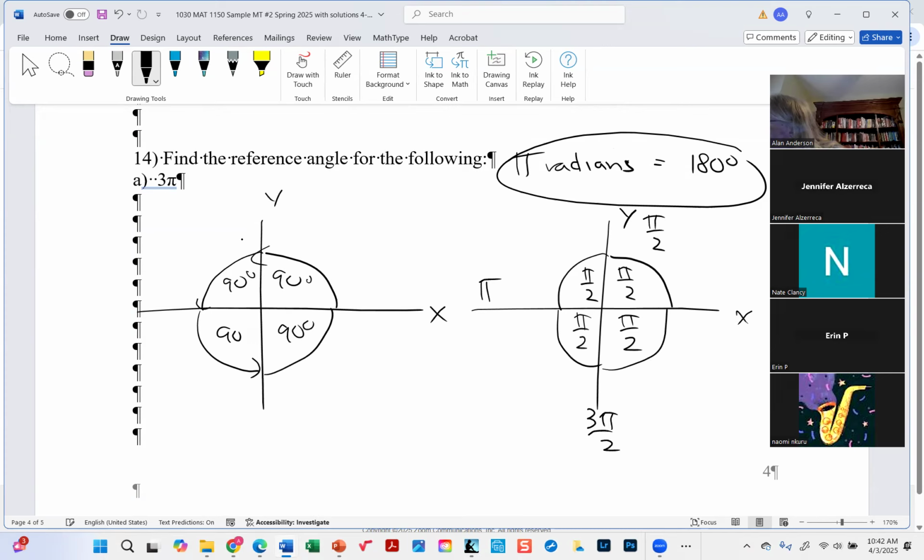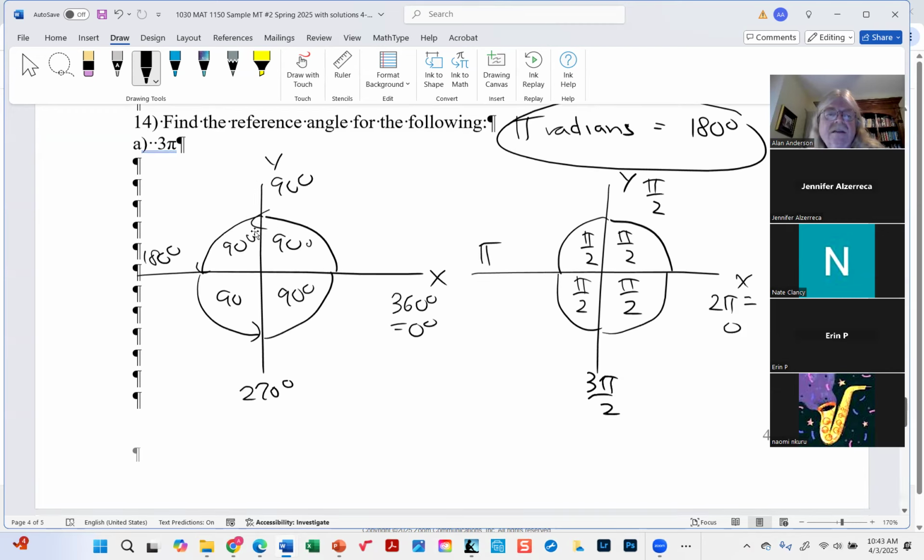And over here, you could write this as either 2 pi or 0. That tells me how far I've traveled from the origin or the horizontal axis to get to that point. Whereas here, it would be 0 or 360, 90, 180, and 270. So you can see the correspondence between the two.